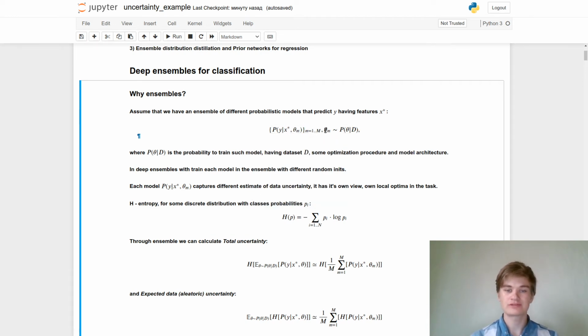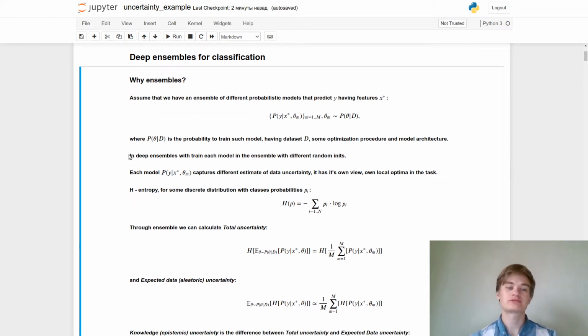And weights came from some distribution over weights conditioned on our training dataset. So this distribution depends on some dataset, task, optimization procedure, and model architecture.